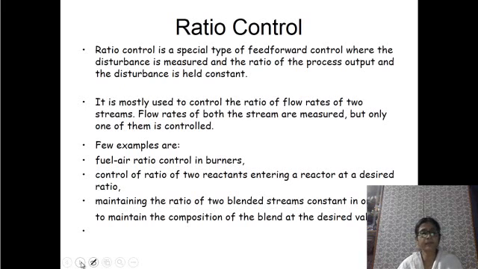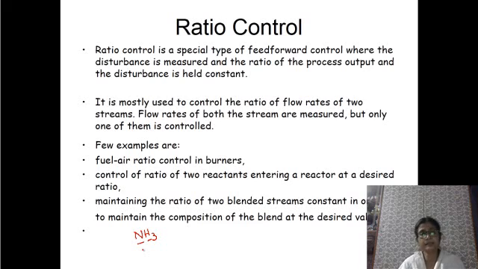Say for an ammonia plant, a fertilizer plant, for ammonia production, NH3, the ratio of nitrogen and hydrogen is to be maintained at 1:3. So throughout the production, the input streams of the two fluids, nitrogen and hydrogen, should be controlled at a fixed ratio, that is 1:3.